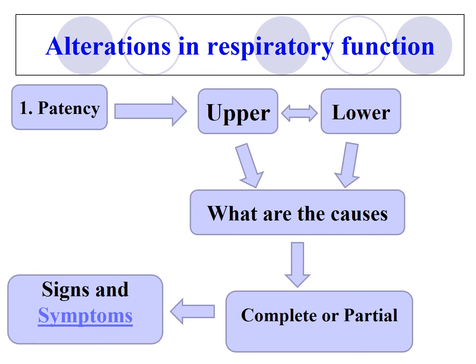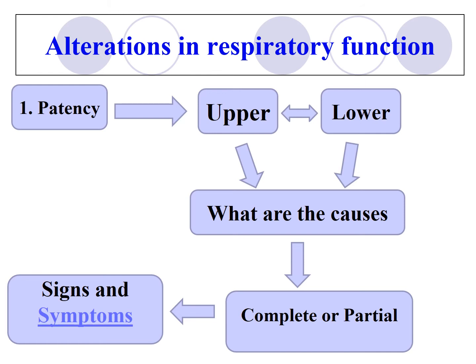In the lower, it might be bronchial spasm. Those who have bronchial asthma, it will affect their respiration. So there are many causes that will interfere with the patency of the respiratory canal and interfere with the respiration. Signs.